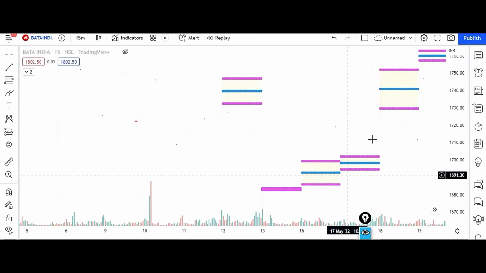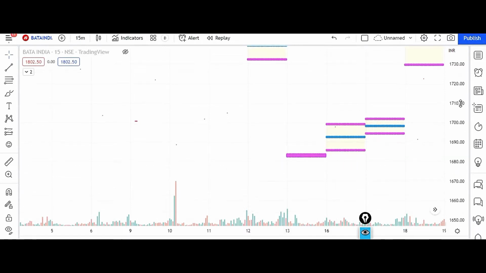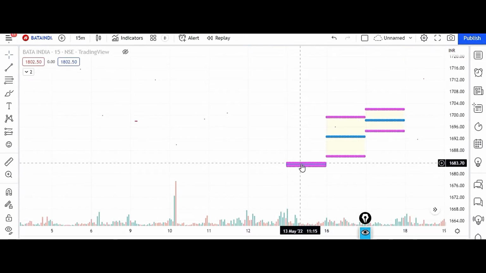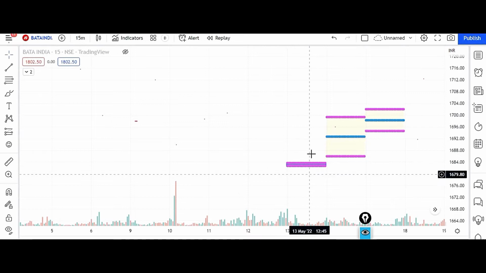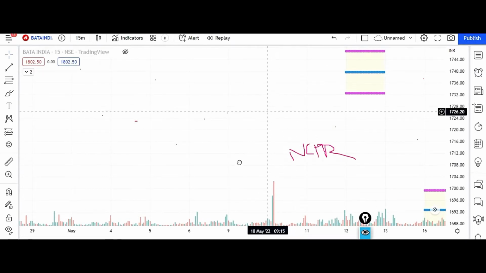There is no gap between the 3 levels: the top central pivot, the mid pivot, and the bottom central pivot. This is the NCPR. Okay, let's figure out further NCPRs.